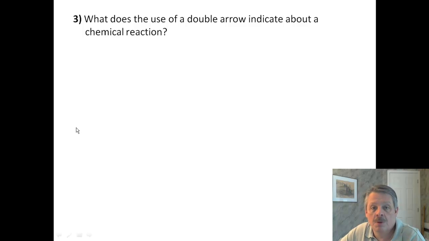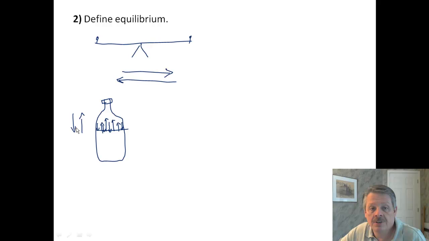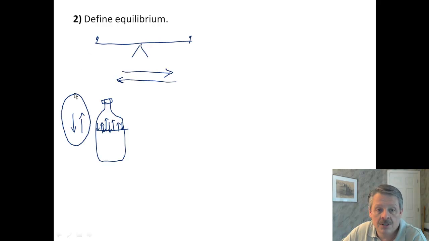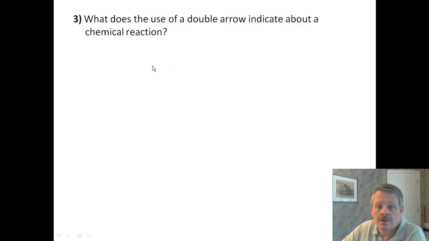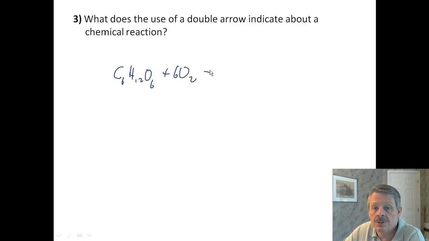So what does the double arrow indicate about a chemical reaction? Well, look at what we have right here. That is essentially a double arrow. The water is evaporating as fast as it is condensing. So I think of this in terms of a chemical reaction. I could think of a chemical reaction as, oh, I don't know, C6H12O6 plus 6O2 gives 6CO2 plus 12H2O.